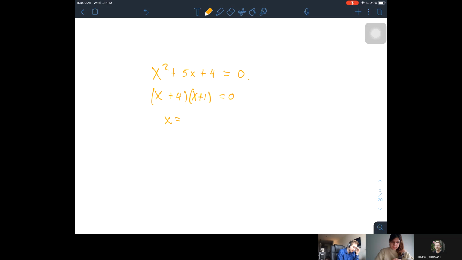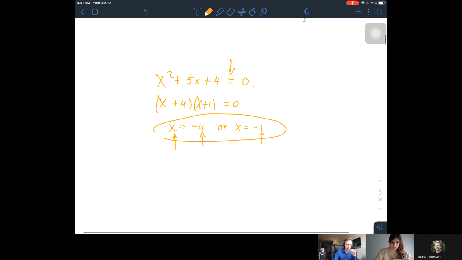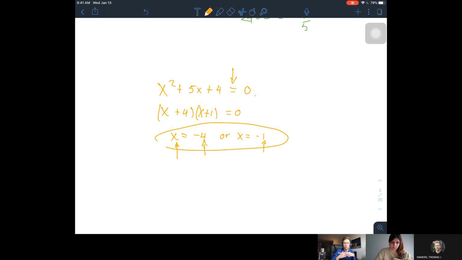And then our answer would be that x is equal to either -4 or x is equal to -1. So in this case, our variable here is x. And our variable satisfies the equation if the variable takes the value -4 or the value -1. So when I talk about a value, I'm referring to a specific number that we've really nailed down. And if I'm talking about a variable, then I'm talking about something whose value could potentially take many values or could change. Okay, I got that.